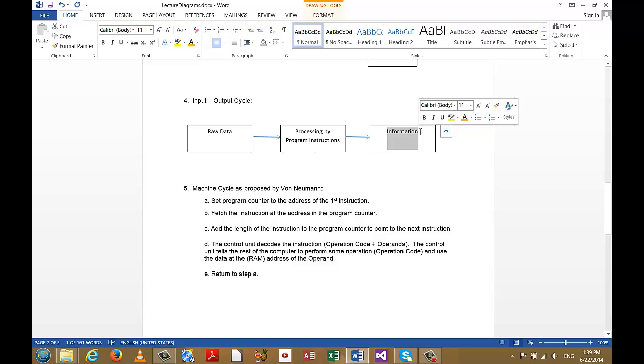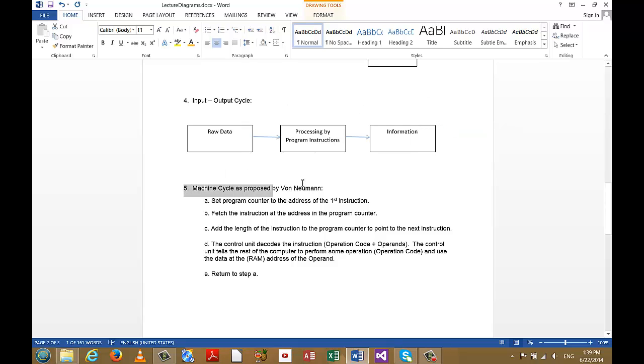Any program that you can think of that works on a computer basically does that. It takes some raw data, transforms it somehow according to the program instructions that we write into the corresponding information that's useful to the human being.